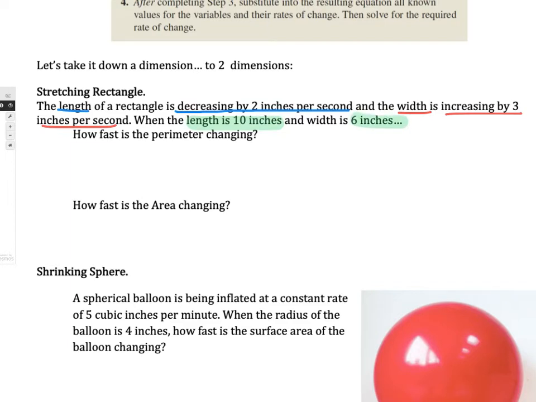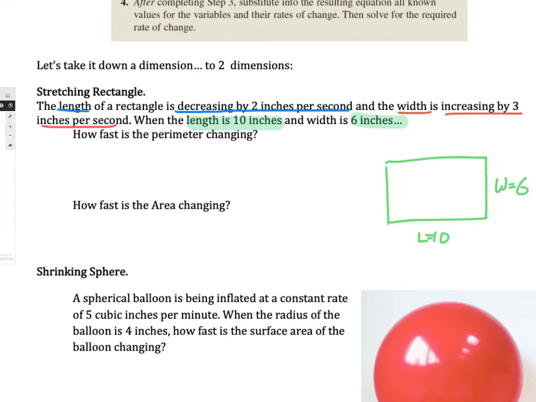Okay, so a stationary picture can be very helpful. And we saw that kind of thing moving there. And so we've got a rectangle with length and width. We know that at some moment in time, the length is 10 inches and the width is 6 inches.